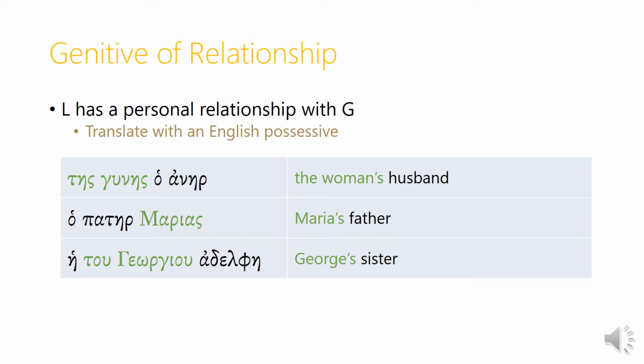Ha pater Marias, the Maria father, we might decide that this is a matter, again, of a personal relationship, and so we might translate that Maria's father. He tu Georgiou Adelphi, we would start off translating that in a rough way as the George sister, and then ask, okay, what kind of relationship is there between George and the sister? And again, it's a family relationship, so we would just translate it as a possessive, George's sister.